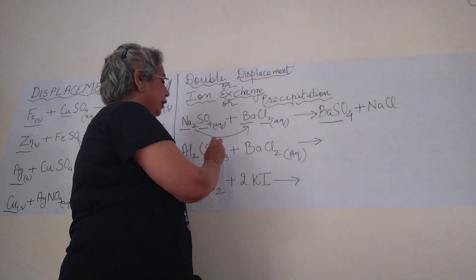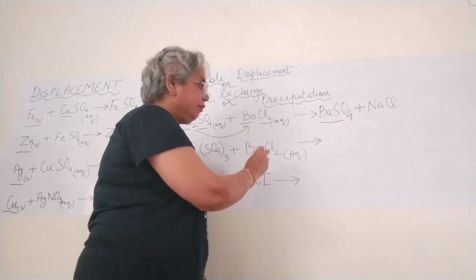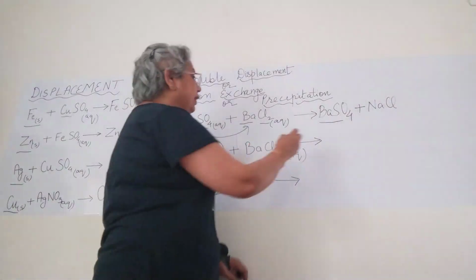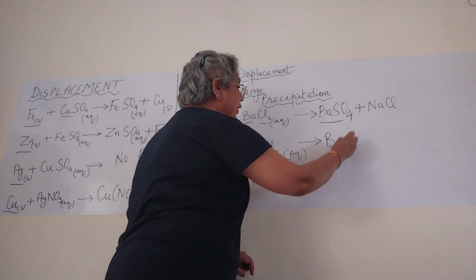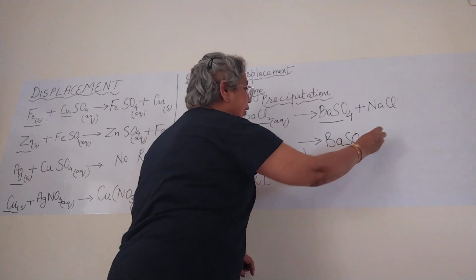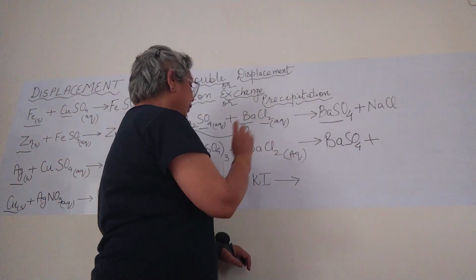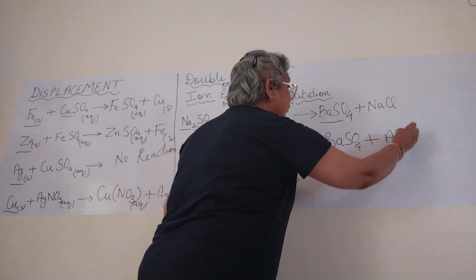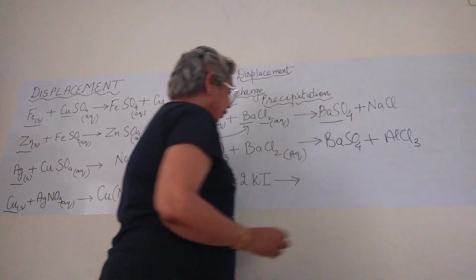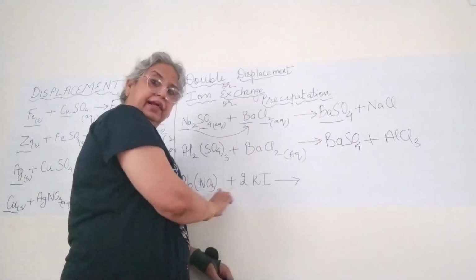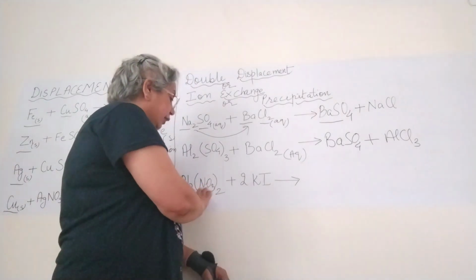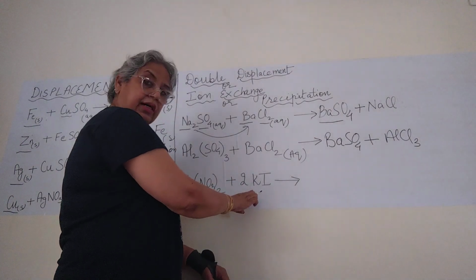right? Similarly, aluminium sulfate plus barium chloride, they will also exchange their ions. Again, you will get barium sulfate, a curdy white precipitate, and aluminium chloride. Then lead nitrate and potassium iodide. These two are transparent, colorless.